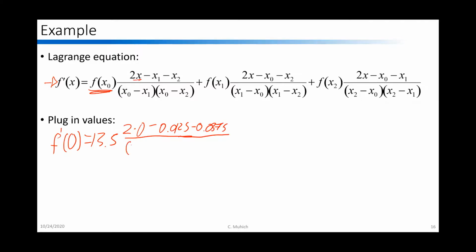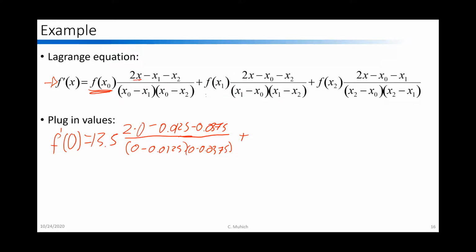Okay, and then we have all over this x0 minus x1, x0 minus x2. So that's just 0 minus 0.0125, and then 0 minus 0.0375.